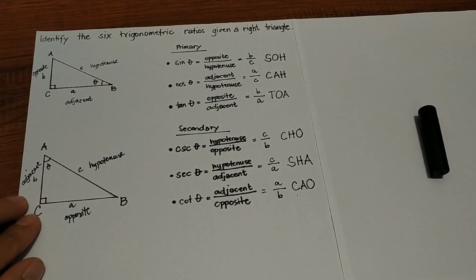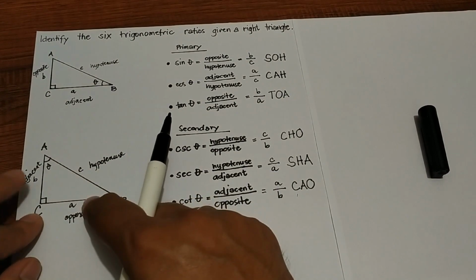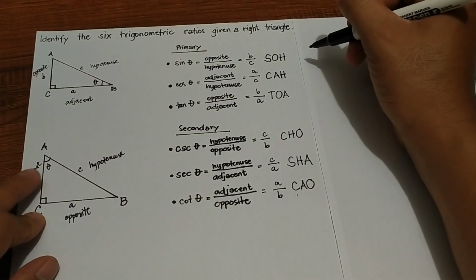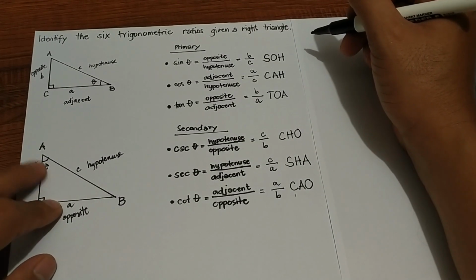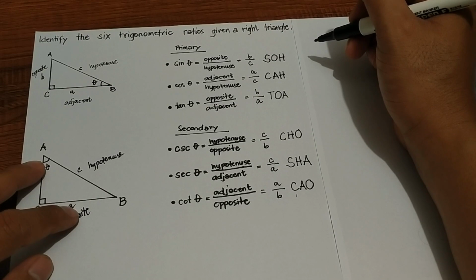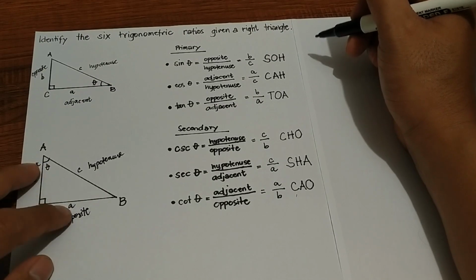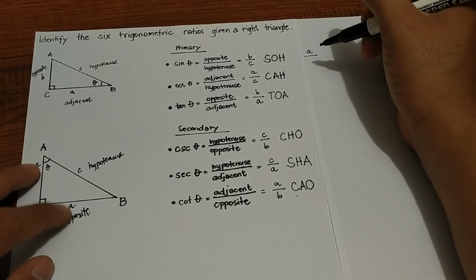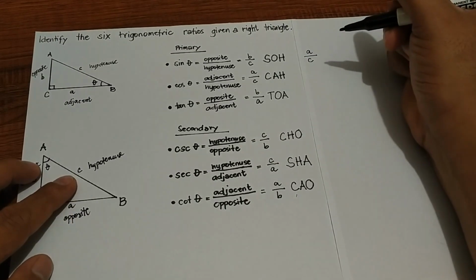So if we're going to identify our six trigonometric ratios in our illustration here, we would have sine theta, or sine A, equal to opposite over hypotenuse. So our opposite now here is A, over C, which is our hypotenuse. Is that clear?